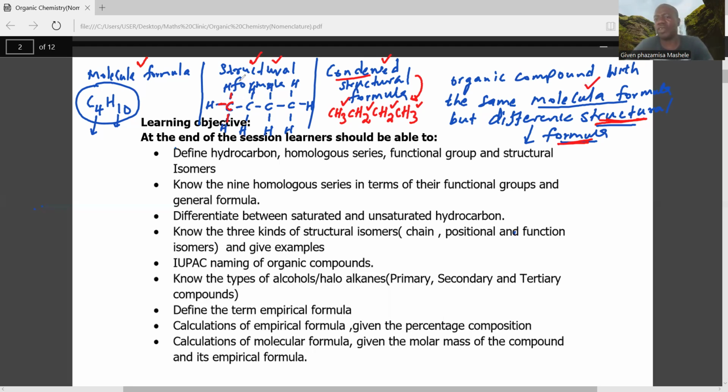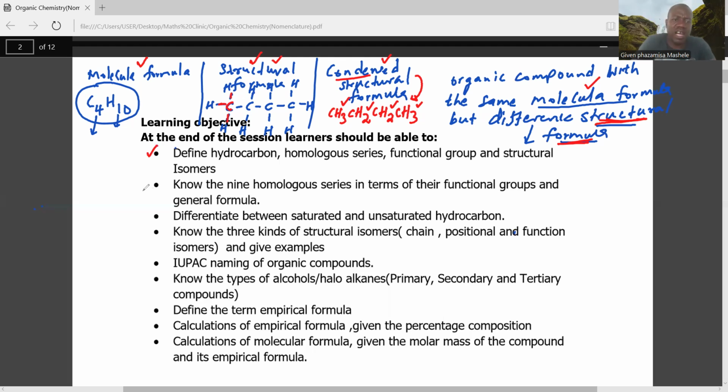In the exam, you must be able to define what is hydrocarbons, what is a homologous series, what is a functional group, and what is a structural isomer, and also differentiate between molecular formula, structural formula, and condensed structural formula.